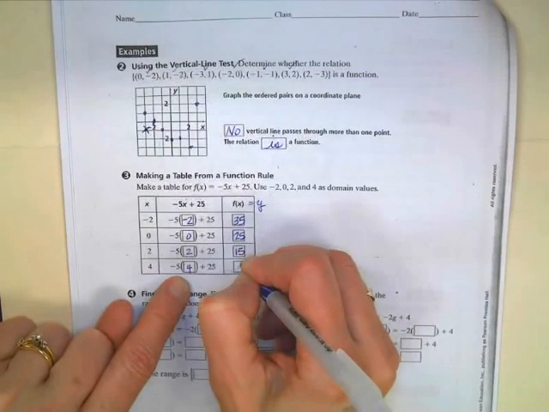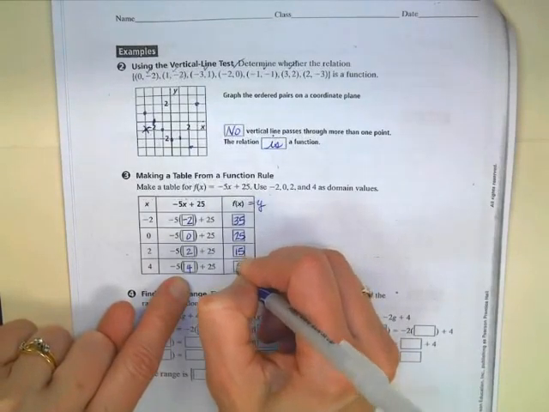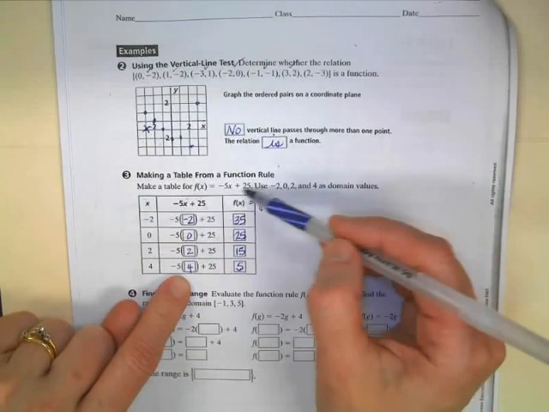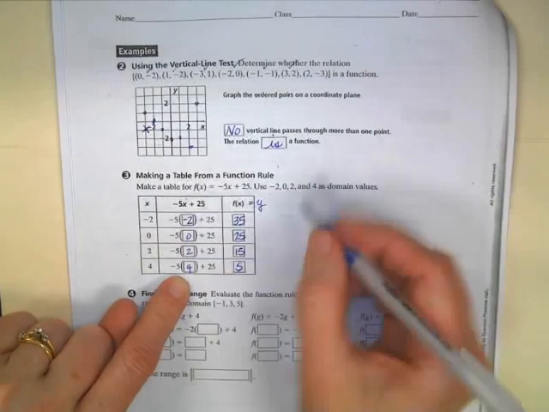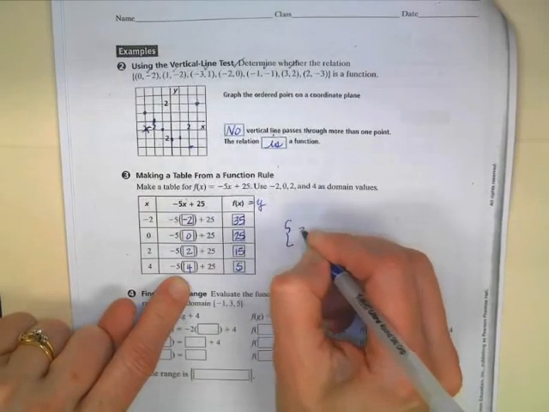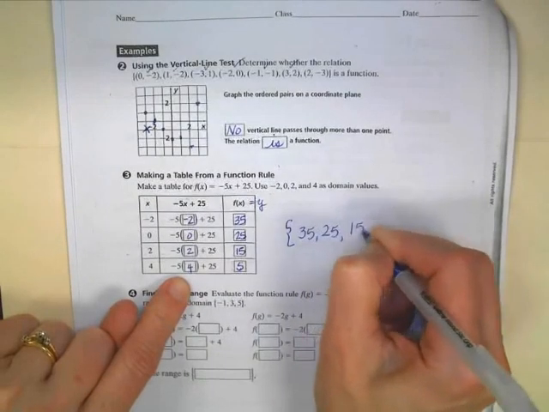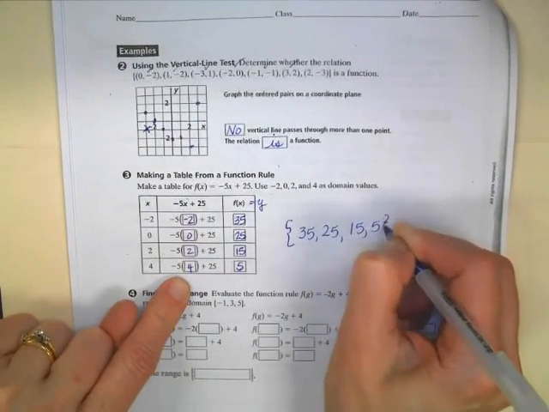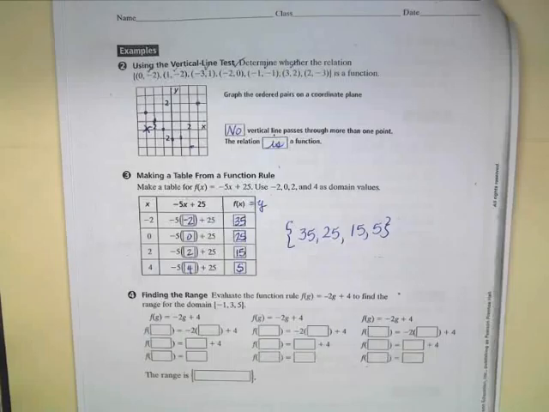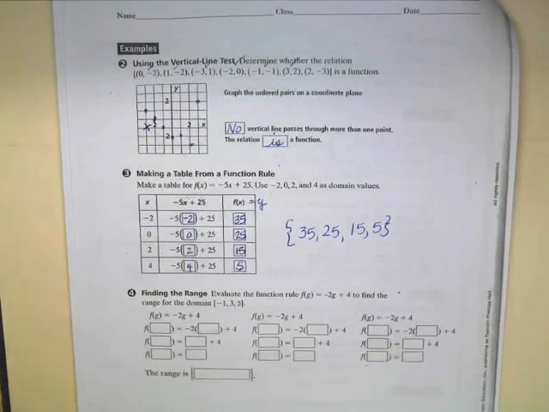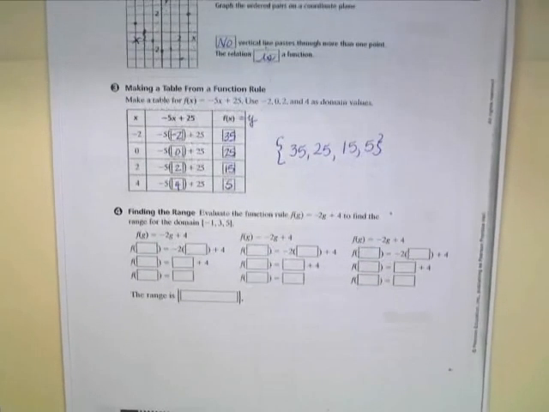And negative 5 times 4 is negative 20, plus 25, which would be 5. Okay? So the range values are 35. If I wanted to write them in a set, they would be 35, 25, 15, and 5. Again, set notation.